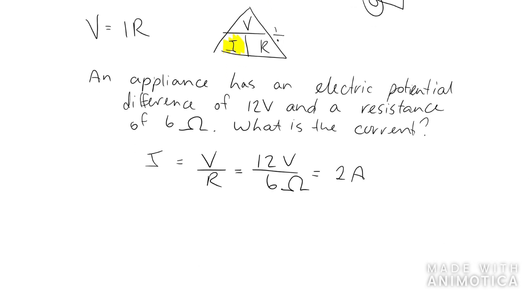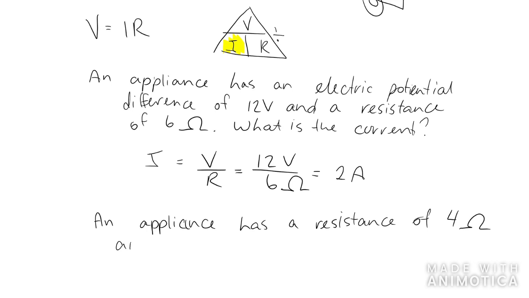You might also be given a question of an appliance that has a resistance of 4 ohms and a current of 6 amps. What is the voltage?